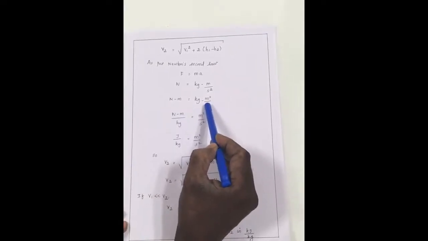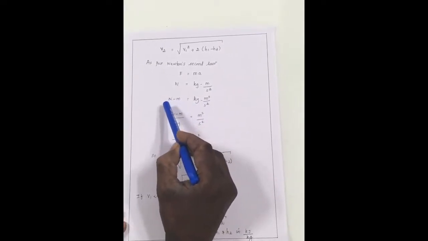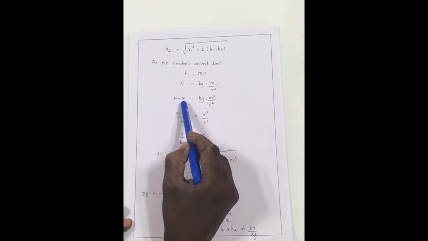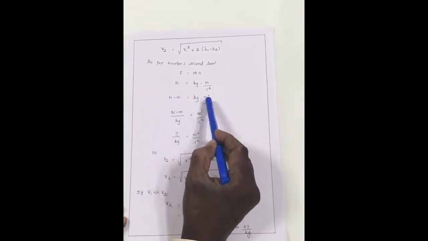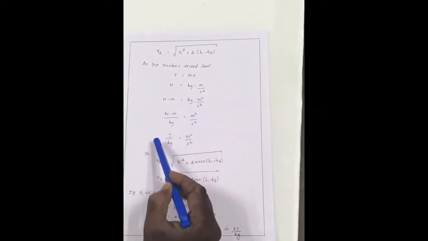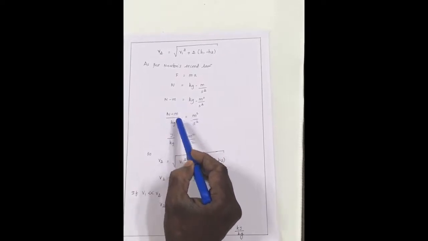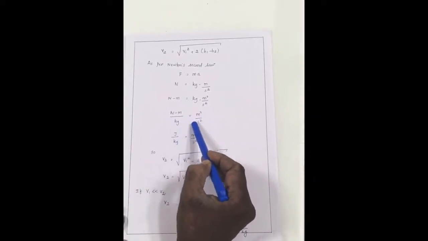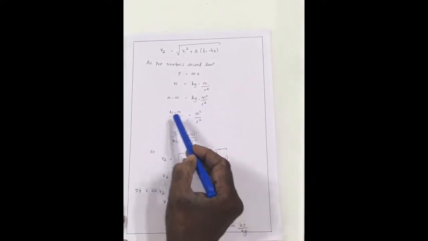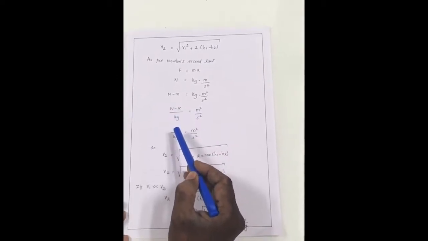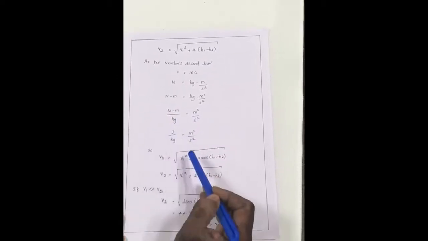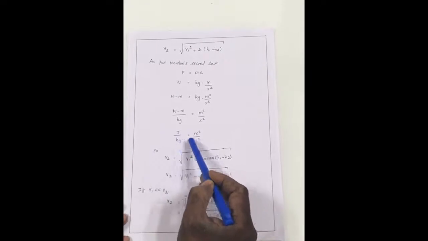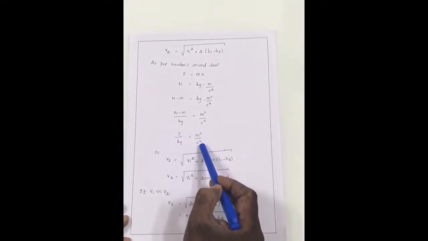Multiply both sides by meter, so we get Newton meter equal to kilogram meter squared per second squared. So Newton meter per kilogram equals meter squared per second squared. We know that 1 Newton meter equals 1 joule. So joule per kilogram equals meter squared per second squared.